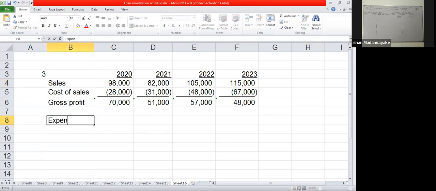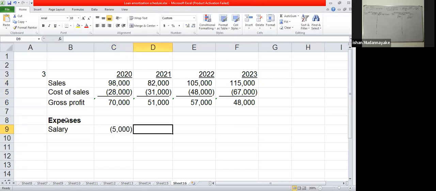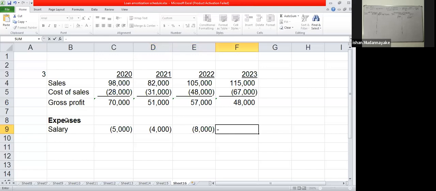And then expenses. What are the expenses? Salary. 5,000, 4,000, 8,000 and 7,000.